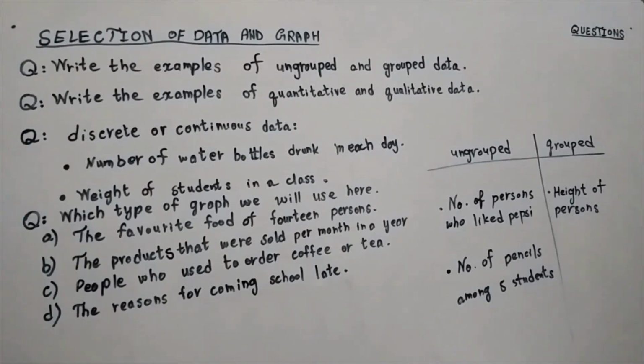And why am I writing height of persons here? Because person is present here also and here. If we take the height of a person, let's say the first man has a height of 5.53 feet, the other man has a height of 5.54 feet, and the other man has a height of 5.55 feet.